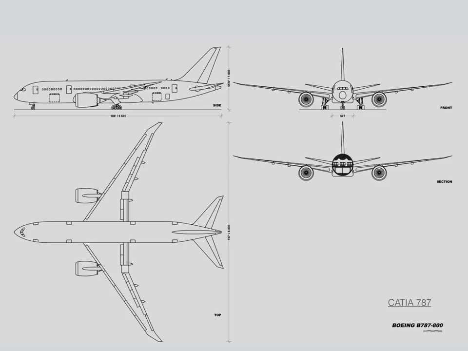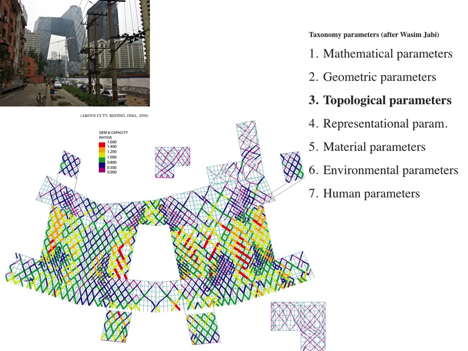First, mathematical parameters. Mathematical parameters are the most basic type of parameter that are already understood by 3D modeling software. For example, numbers, logical values, or even strings of characters which are represented internally by numbers.